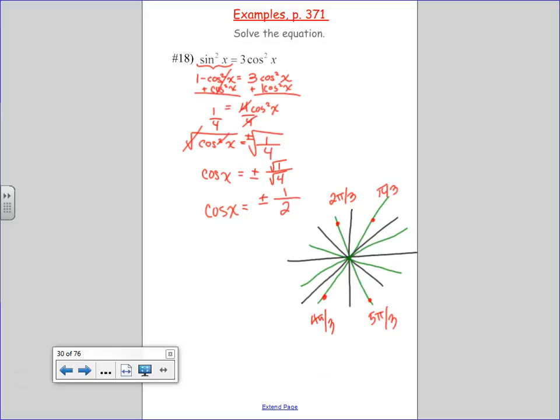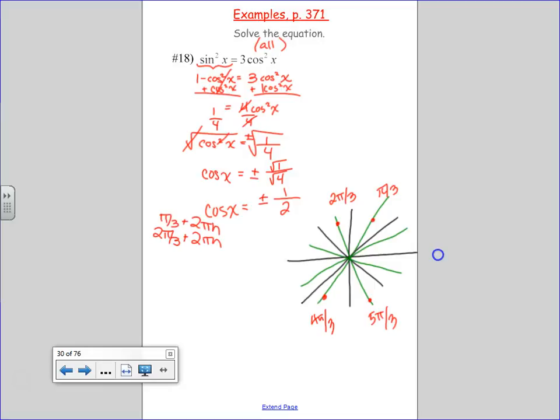Did they tell us 1, 2, or did they not really tell us so they mean all? They didn't tell us, so we have to do all. Infinitely many. We could technically take the 2 pi over 3 and add 2 pi n. Oops, I skipped pi over 3.